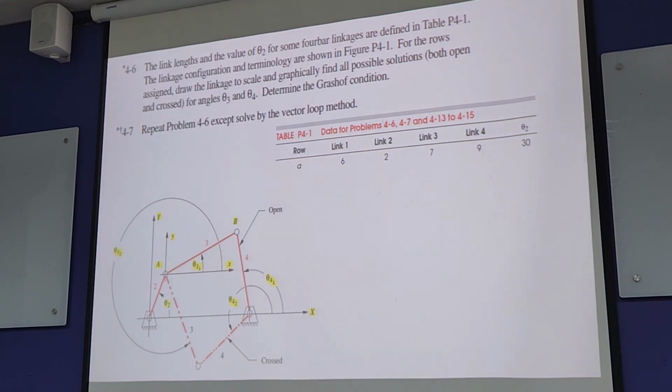So theta 2 is the orientation of link 2, 30 degrees.